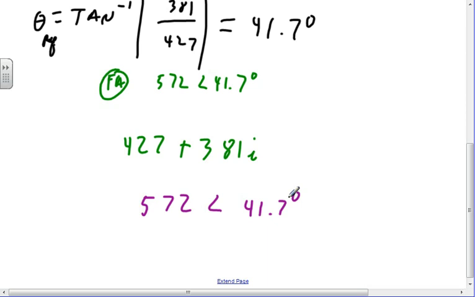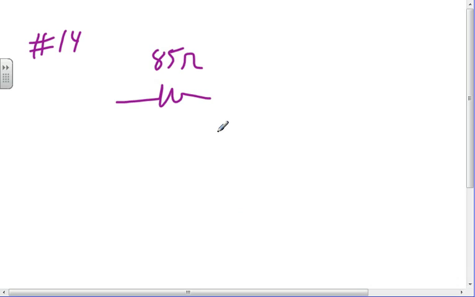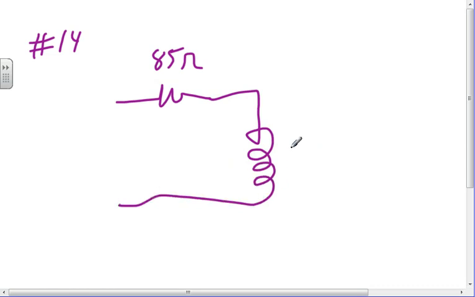Oh, look at this. We can do 14. Won't that be much more fun? 14. A series circuit has a resistor, 85 ohms, and it has an inductive reactance of 45 ohms.